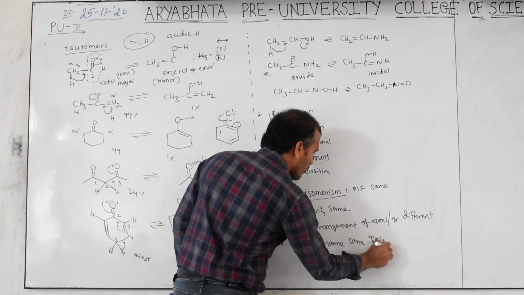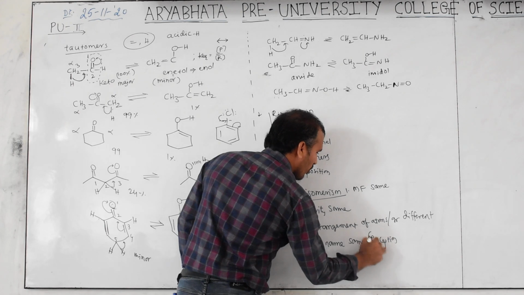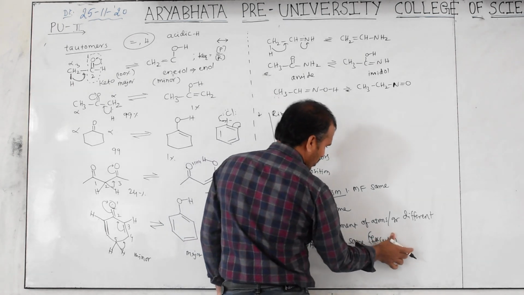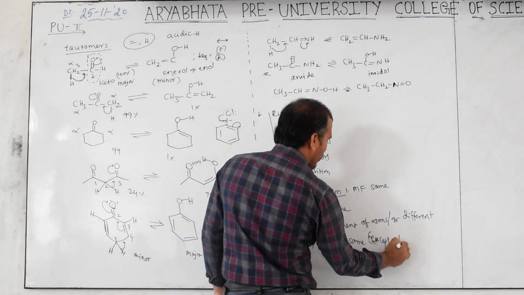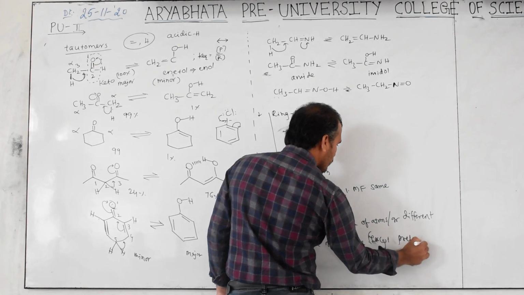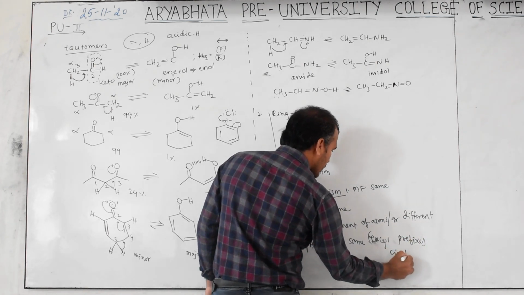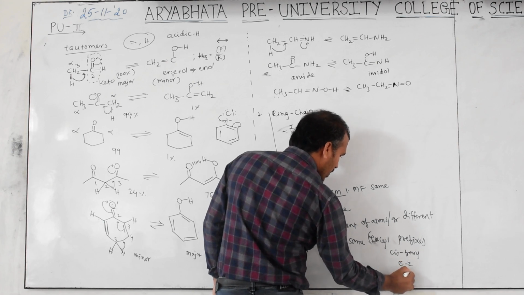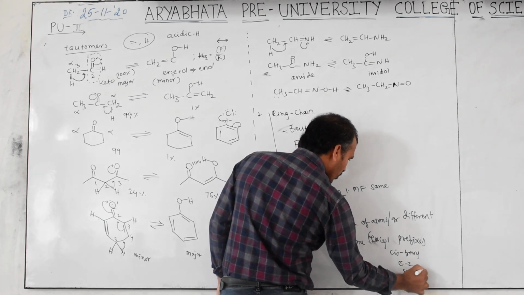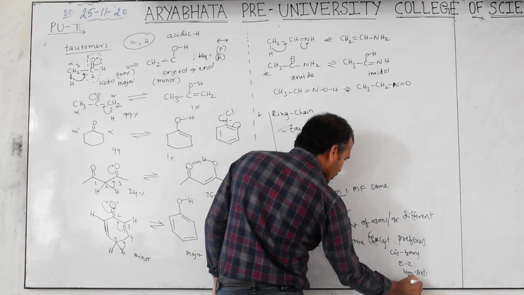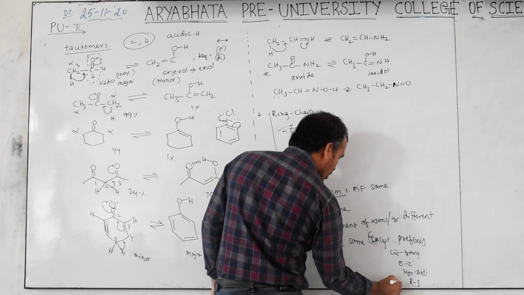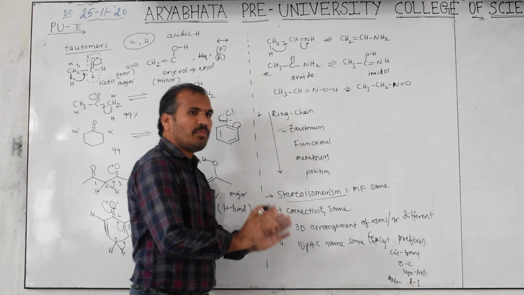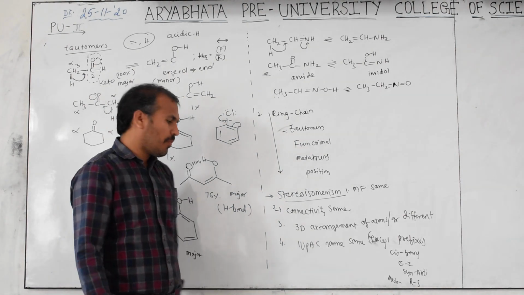What is the exception? Prefixes. What are the prefixes? Cis, trans, EZ, syn, anti, RS, meso, like this. Any one may be given. These may be different, but the IUPAC name is the same.